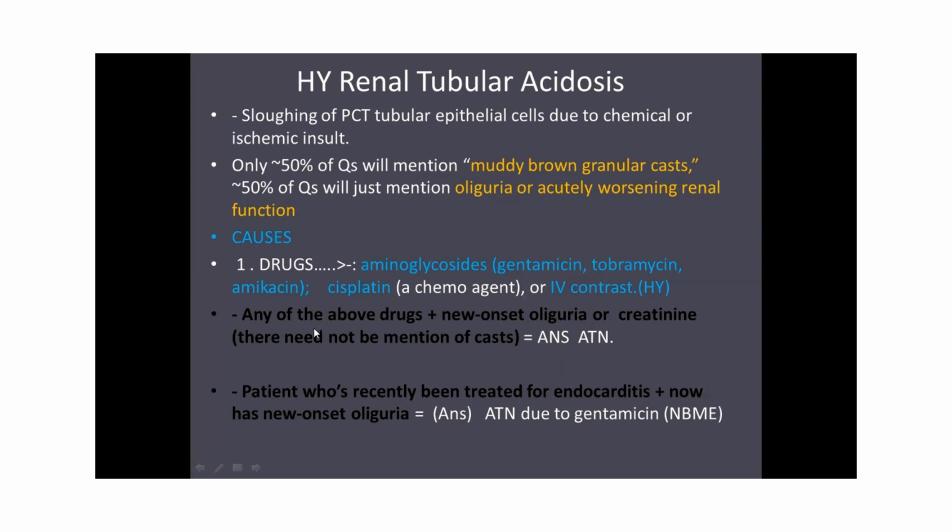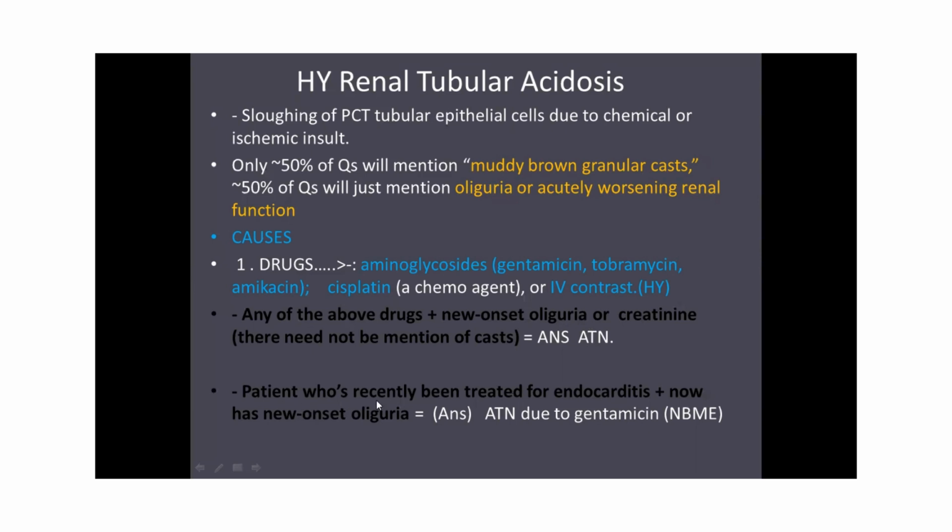So whenever the vignette will give you any of the above drugs like gentamicin and say new onset oligouria and raised creatinine, even if they do not mention the cause, I would say they will either mention the granular cast, that is one buzzword, or otherwise they will give the specific drug that leads to tubular necrosis. Whichever buzzword you get, always go for acute tubular necrosis.